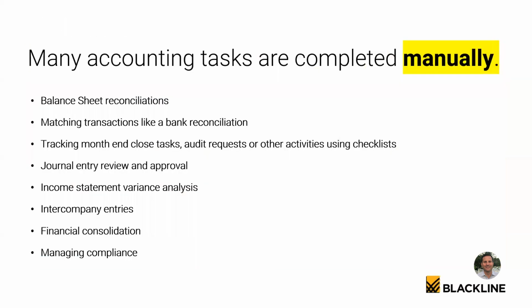So let's talk a bit about why accounting automation software is needed. For many accounting teams, most tasks are done manually in Excel today. These are things like reconciling bank statements and balance sheet reconciliations, or creating accrual and amortization schedules. Excel is a great tool. It helps to complete these tasks. But even with all its great features, it still has limitations.